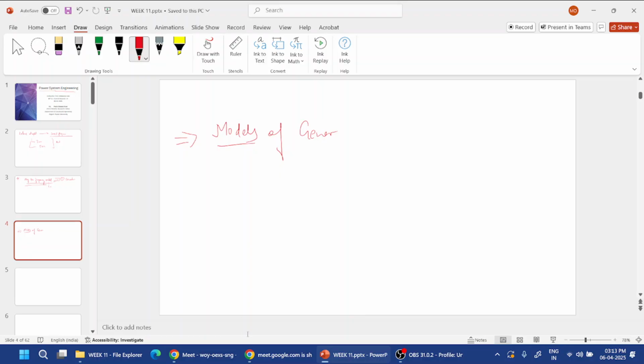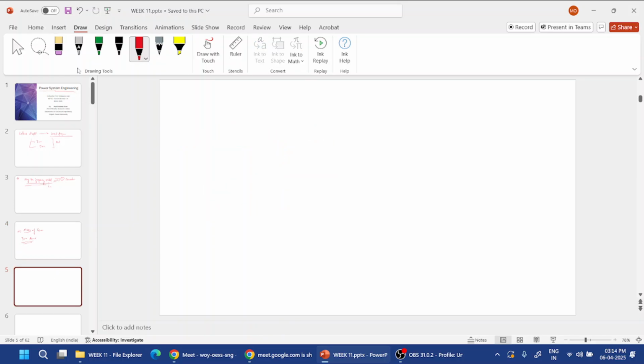So basically, we also talked about various generator models last time, and we also talked about the two area load frequency control.